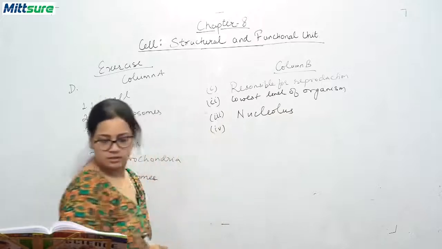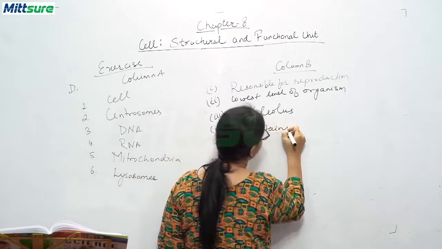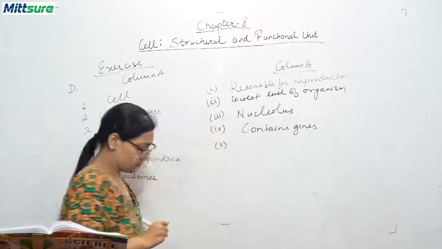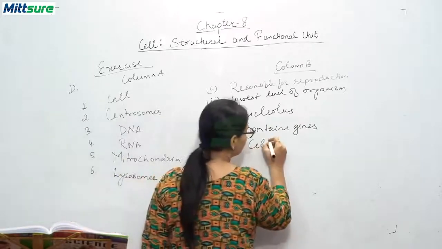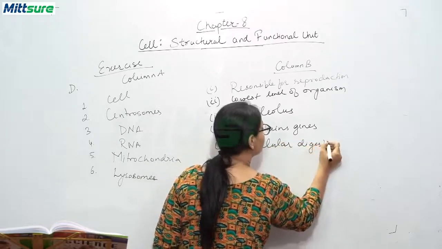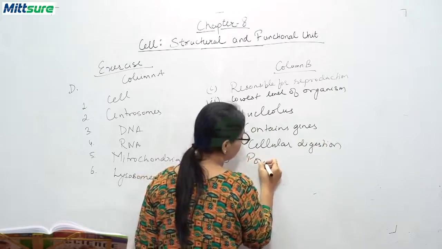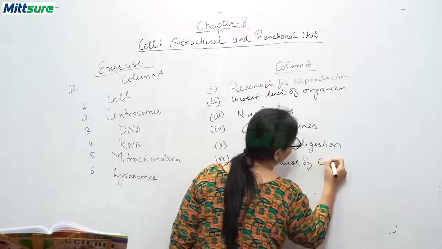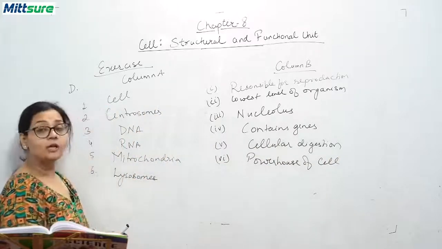Fourth is contains gene. Fifth is cellular digestion. And sixth is powerhouse of cell. Okay, so let's match the column A with column B.